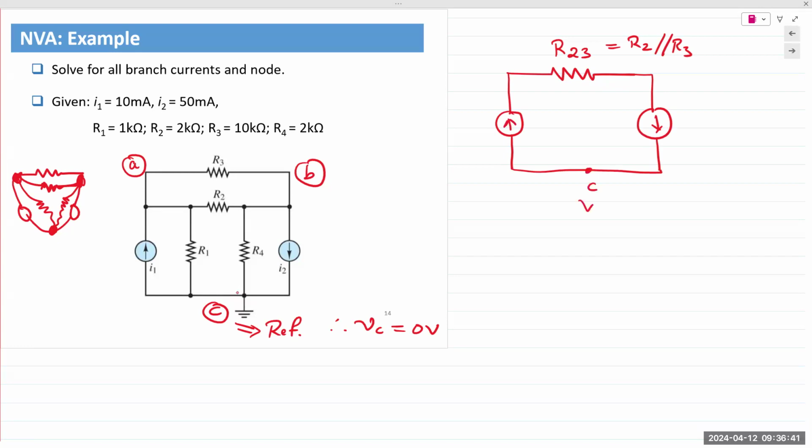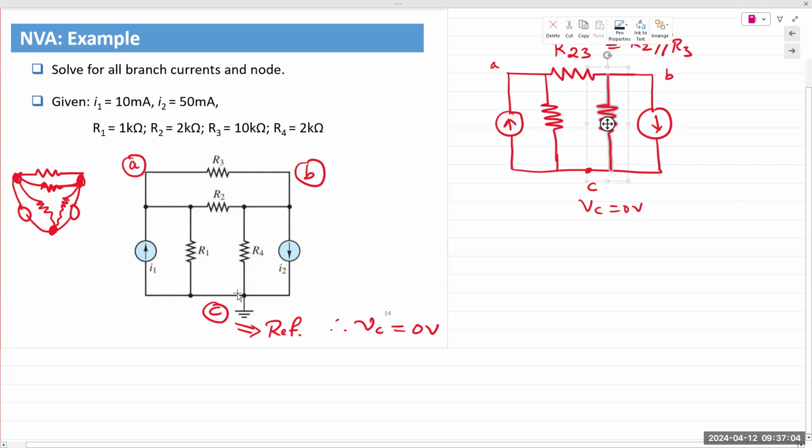C, VC is 0 volts. There is no voltage source in here, so we cannot have an answer for a node. Yes. There's a specific reason: the answers we obtain from here are going to be negative.